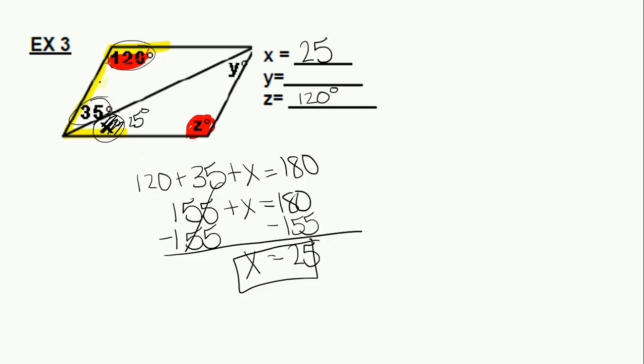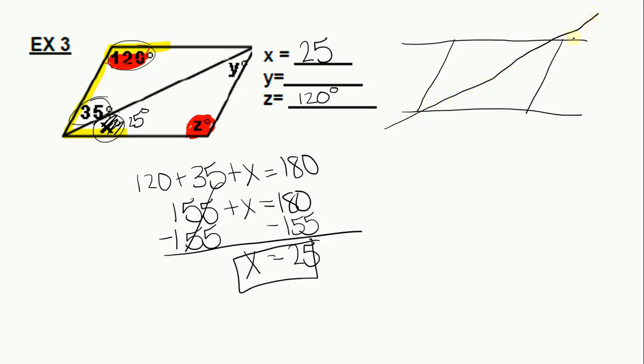How can I find this last guy right here? Well, kind of go off to the sidebar here. Because I know these sides are parallel, yes? So if I have parallel lines here, I'm just going to kind of extend my sides, and I have this transversal conveniently cutting through here. And I know this guy is 35 degrees.